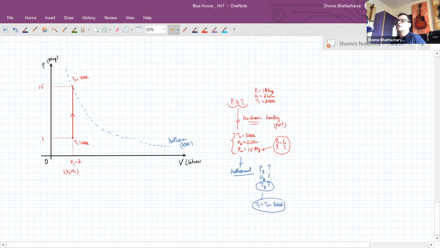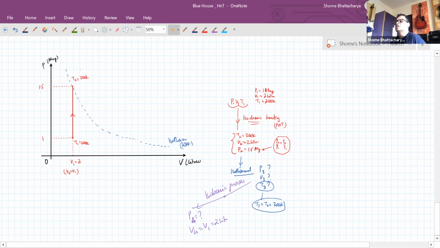Now I will also get a clue from the third process. Next after this, I'm going through an isobaric process back to a pressure which I don't know, but a volume which I know, back to the original volume of 2 liters.